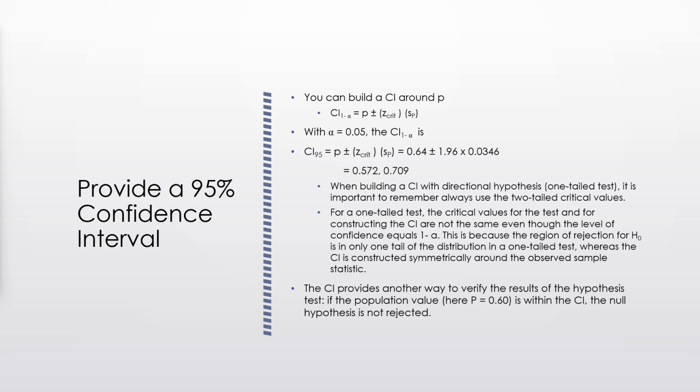Although it's a directional hypothesis, when building a confidence interval, you must always use the two-tailed critical values. This is because the region of rejection for the null hypothesis in the one-tailed test lies only in one tail of the distribution, whereas the confidence interval is constructed symmetrically around the observed sample statistic.